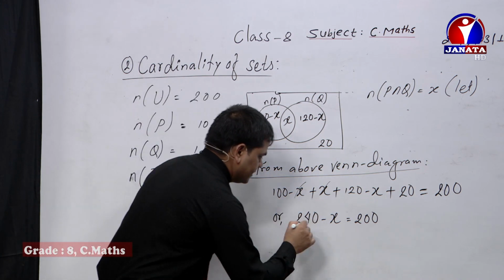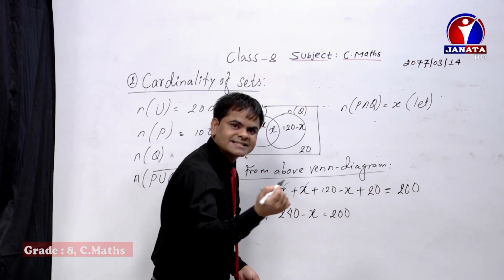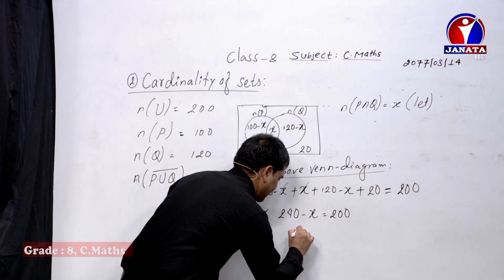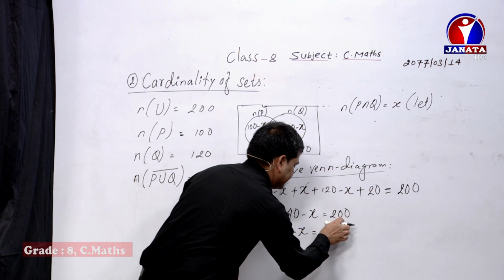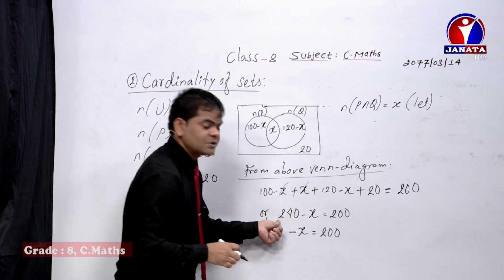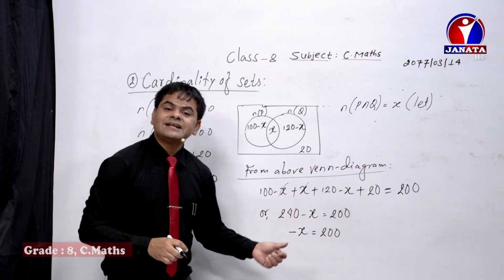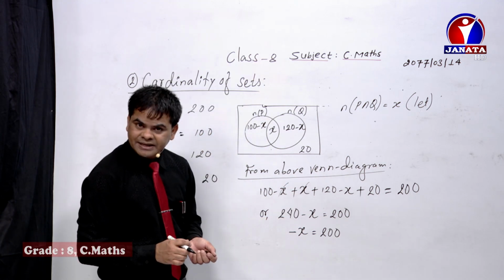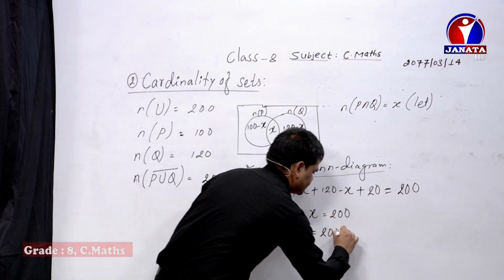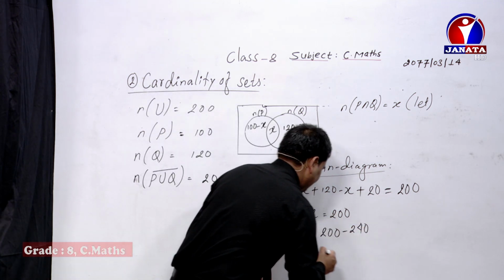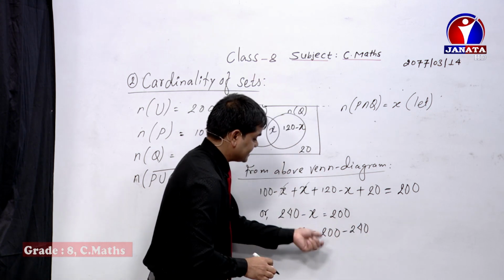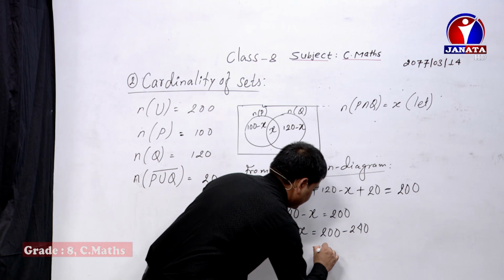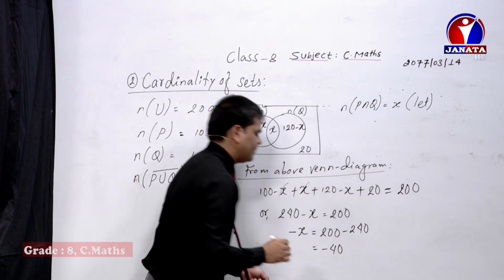Now if we take 240 to that side, then what happens? Minus x will remain on this side, and 200 is there already. Now 240, as it is positive on the left hand side, while taking it to the right hand side, will be negative, so minus 240. Now 200 minus 240, as the negative value is larger than the positive value, the value comes in negative form, minus 40.